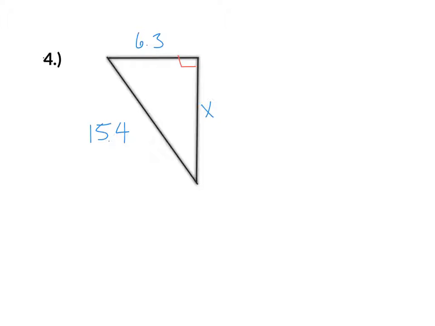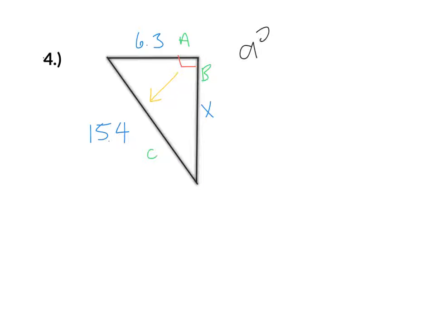And once again, the easiest one to label is always going to be side C, because we know it's opposite of that right angle. So this is side C, and we can label then this side A and B, and I now know each side, and I know what we're given and what we need to figure out. So once again, here we're given side A and C, and we need to figure out side B.